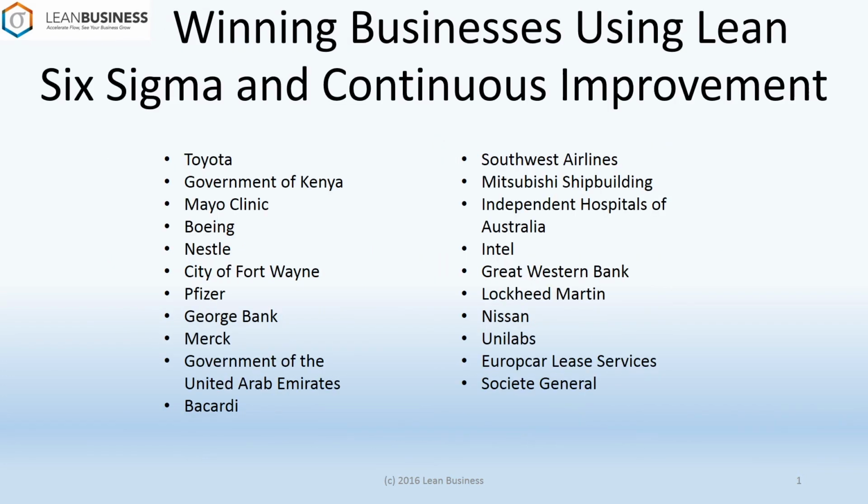Nothing is more impressive than seeing real-life examples of how companies have implemented Lean Six Sigma and the improvements they've made. First, let's talk about Toyota. Everybody knows Toyota is an excellent company, but let me give you some information about how they are agile.